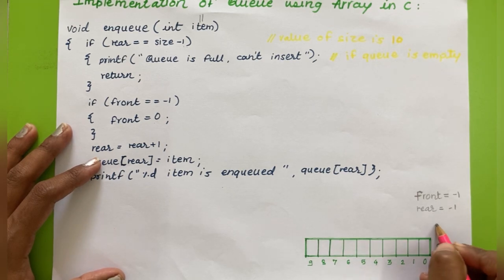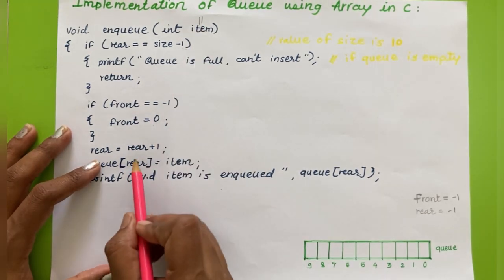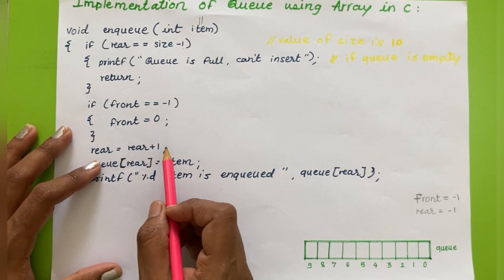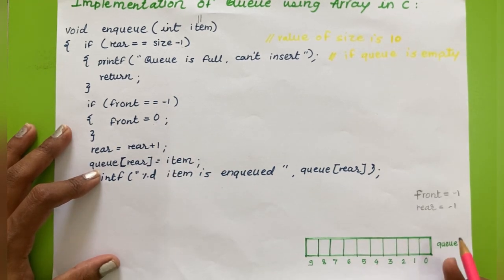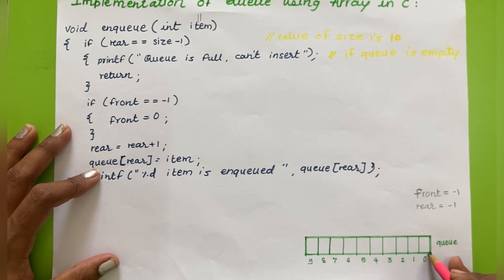So now the value of front is -1, rear is -1. Whenever we want to insert an element, rear will also get updated, and where we want to insert that element, at the index 0. So this will be our front as well as our rear.